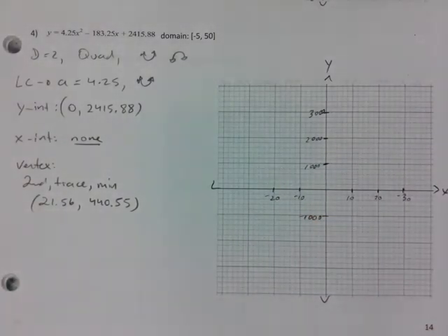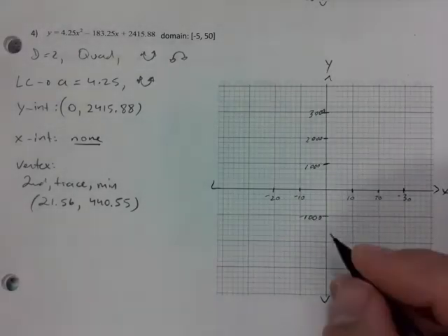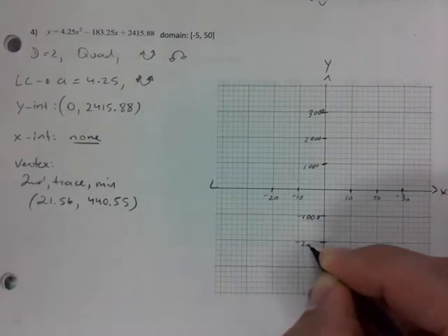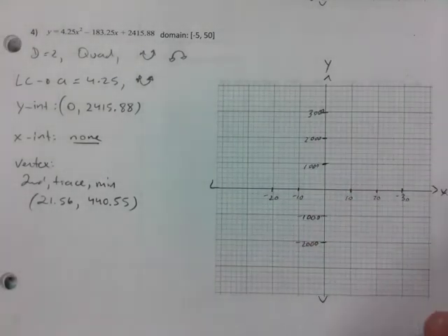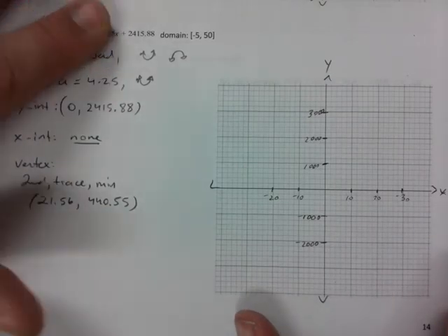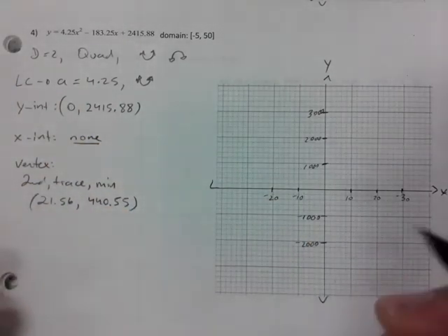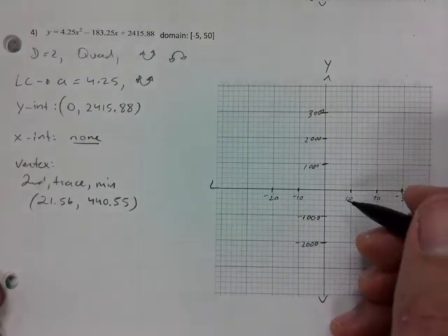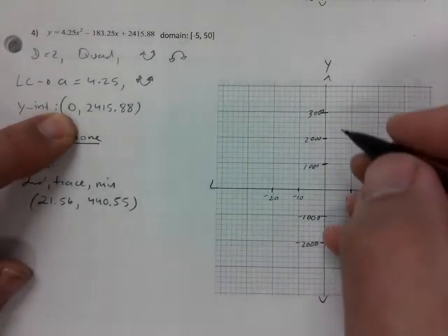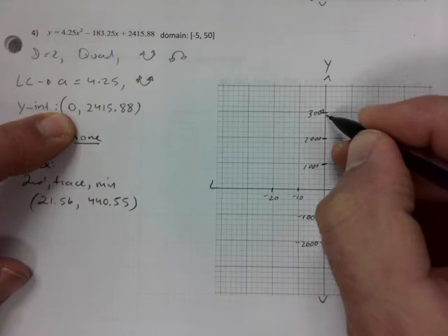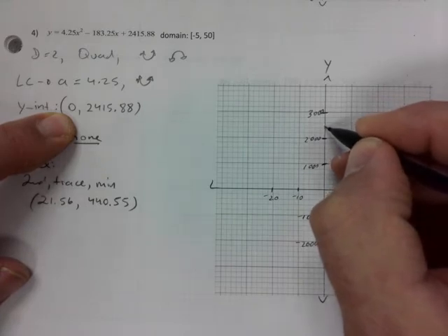The same thing would happen if I asked you to do a scatter plot, which is when I just give you a bunch of points. You still do the same reasoning based on the points. You determine what your scale should be according to that. So this goes, if this is 2,000, then 2,500 is right in between. So we're going to go just below it.